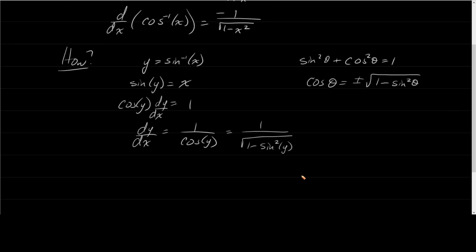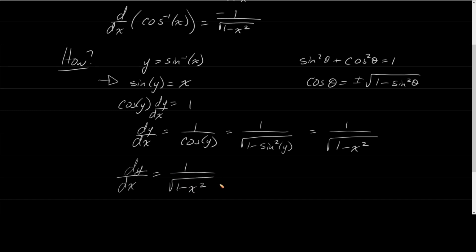But the line up here told us that sine of y was just x. So what we have here really is just 1 over the square root of 1 minus x squared. Therefore, if I start with y equals sine inverse of x, then dy dx is 1 over the square root of 1 minus x squared.